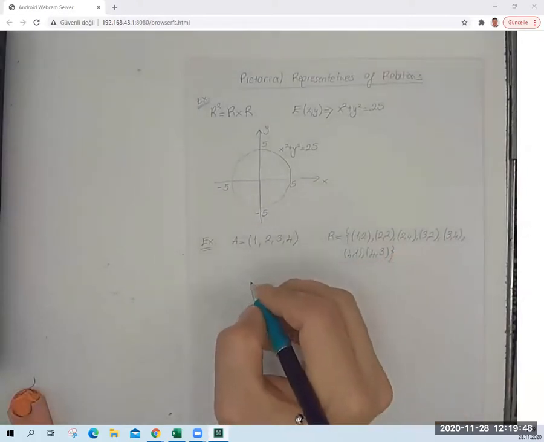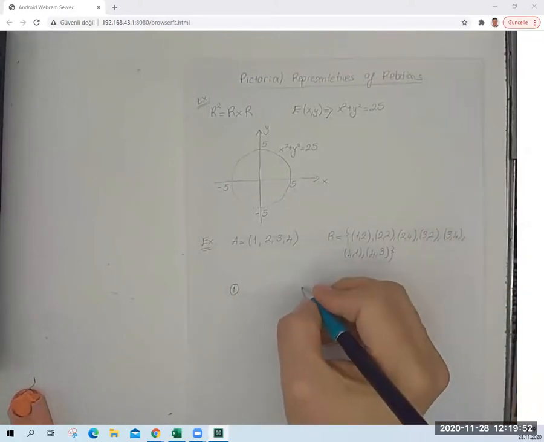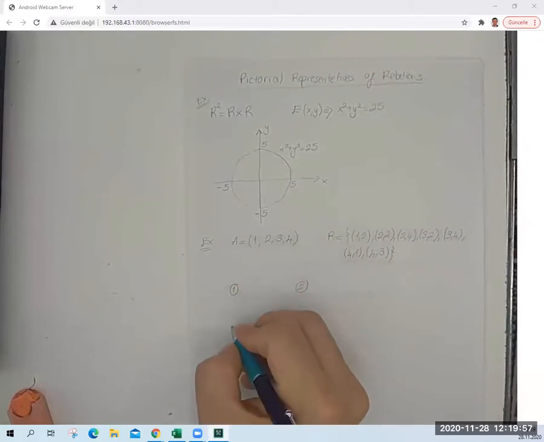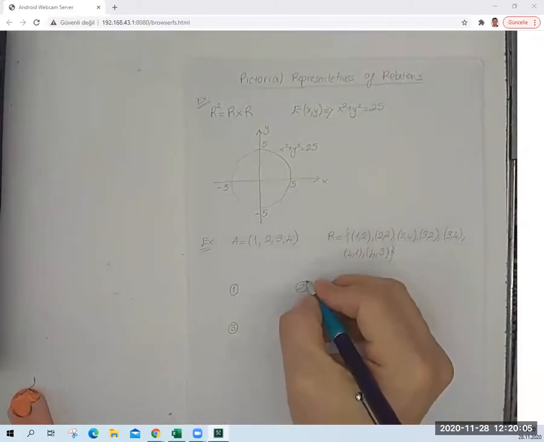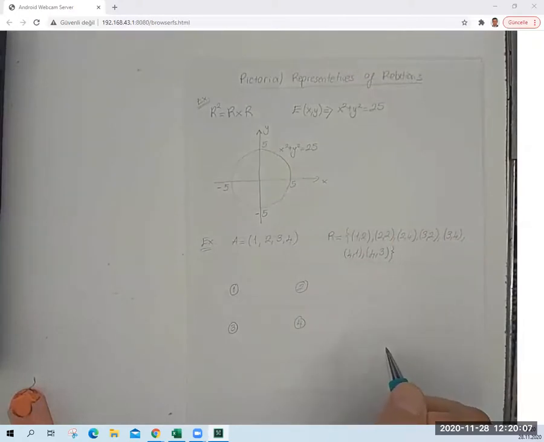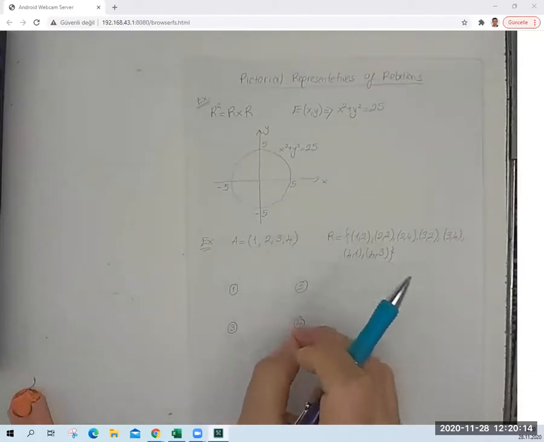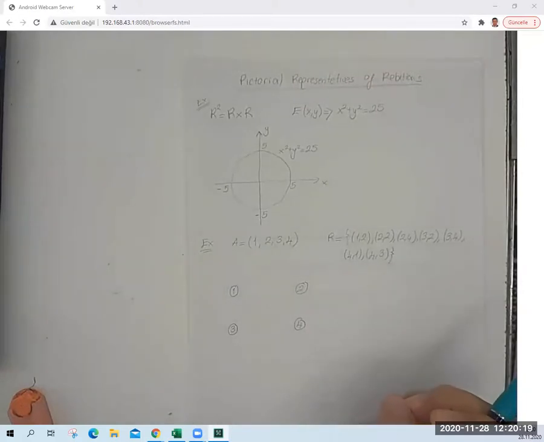so I need the 1. So I have 1 and I need 2, 3, all members of the set A, and 4. You can place the members differently in the space, but I draw like that, or I point to a member like that to make the relation in a small place.